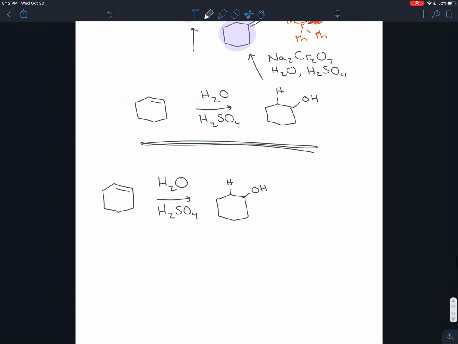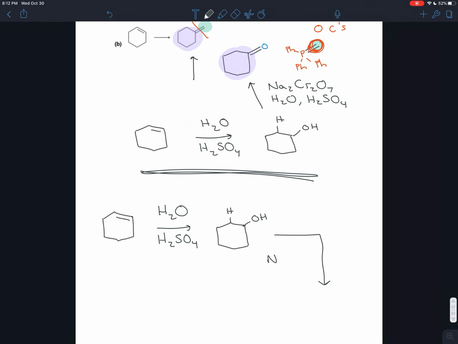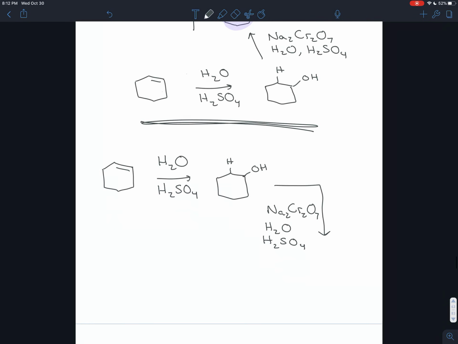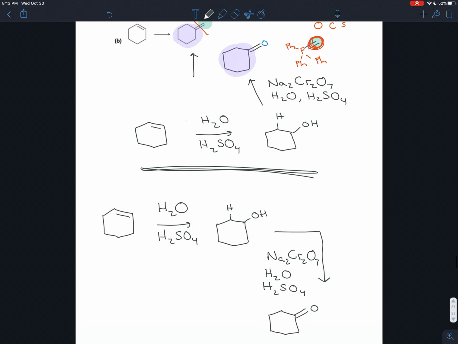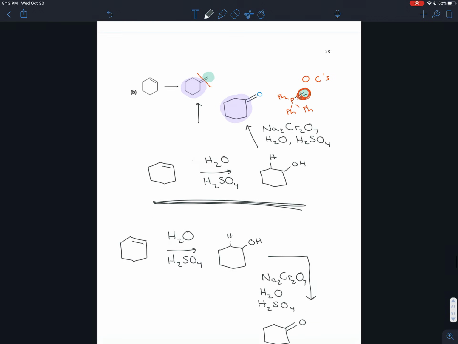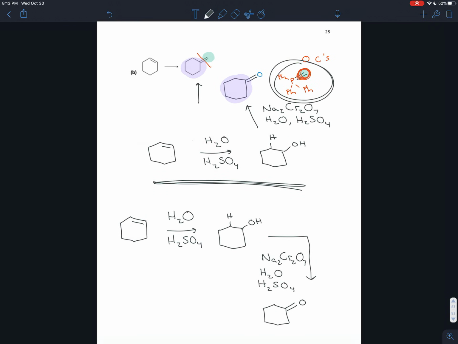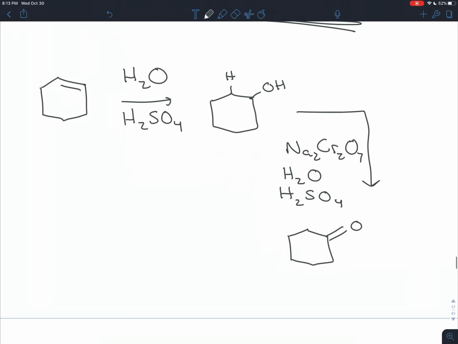So you do an acid-catalyzed hydration. Once you have that, you can do an oxidation with sodium dichromate in water and acid that turns the alcohol into a carbonyl. And once you have the carbonyl, you just have to treat it with the right Wittig reagent.